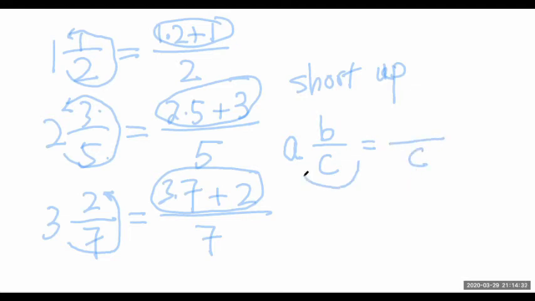And around the world, what do we do? C times B plus A. A times C plus B. That's around the world. So A times C plus B, right?